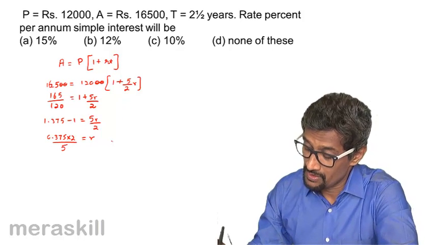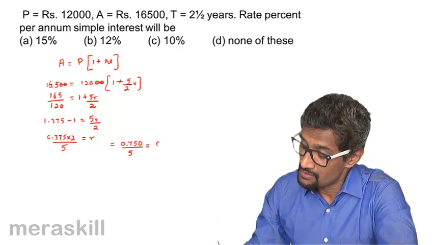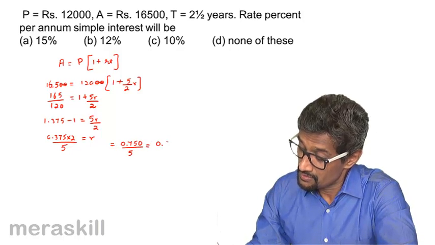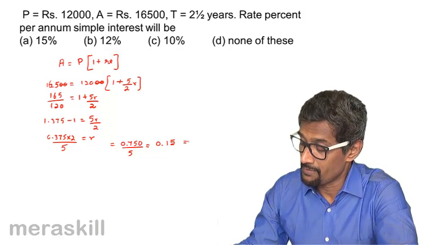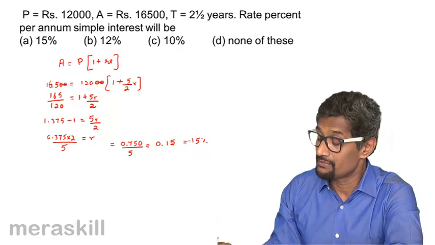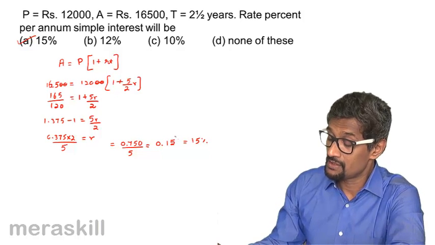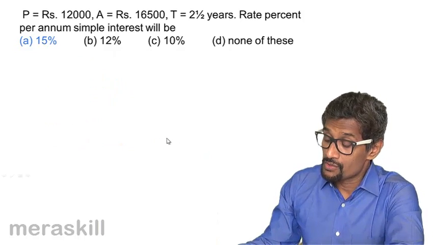So that turns out to be 0.750 by 5, which is 0.15. That is the same as 15%. 0.15 you get, which is the same as 15%. So our correct answer is 15%. And of course we are having it right.